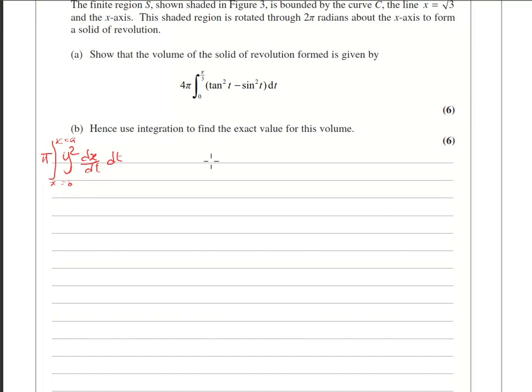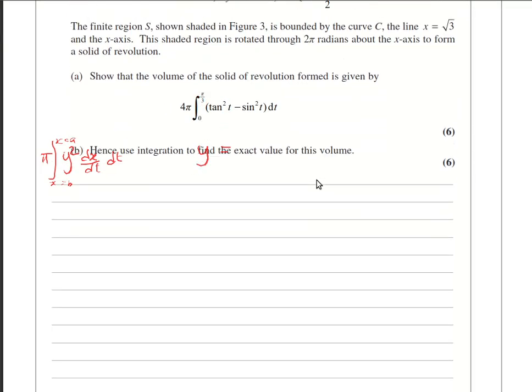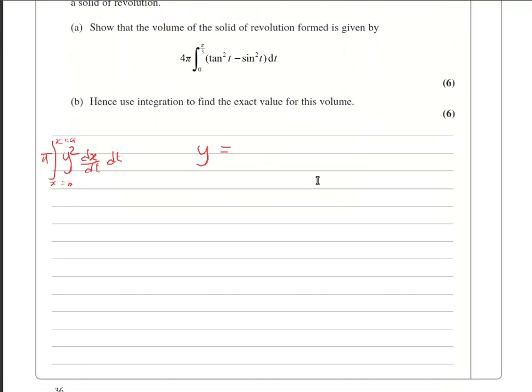In our situation, x is tan t and y is 2 sine squared t. So let's write that down.